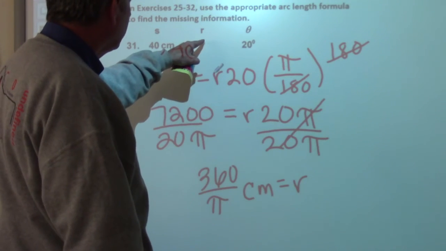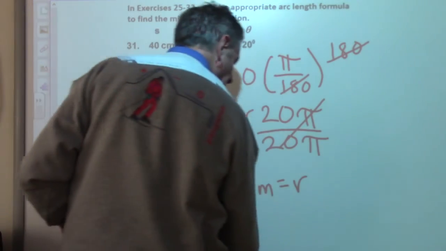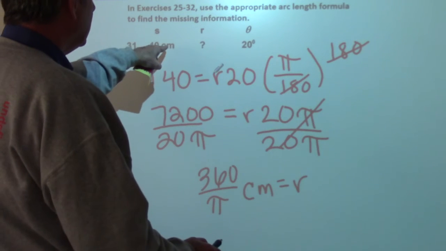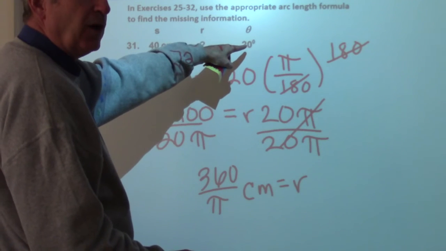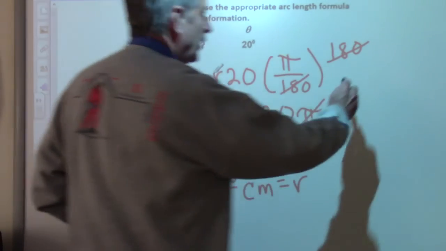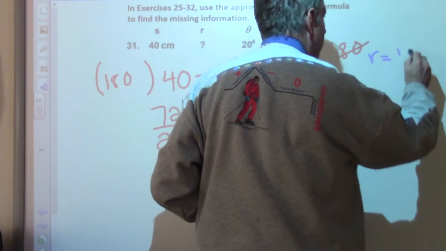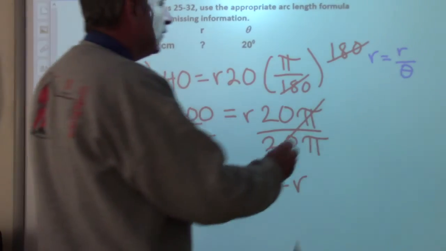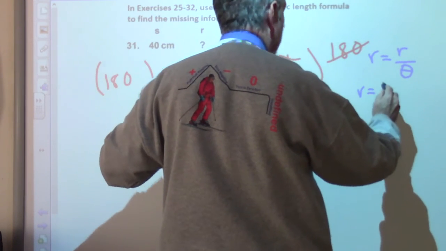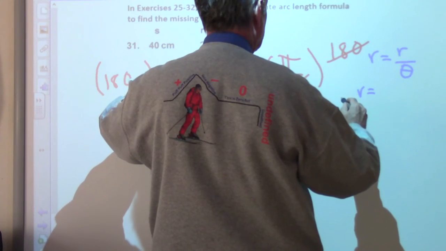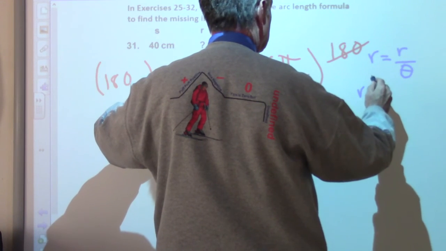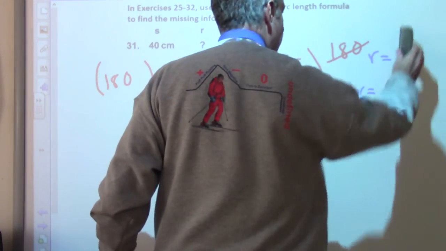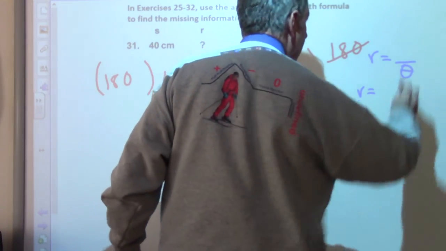So Bailey, the first thing we want to do is we're going to find radius. Radius equals s divided by theta, right? You have that, Bailey? So radius is equal to s divided by theta.